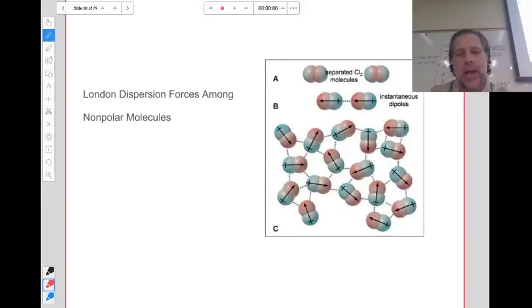So here's an example, again, of what that would look like. Here are separated chlorine molecules, and one of them creates an instantaneous dipole, creating an instantaneous dipole on another chlorine molecule, and the whole mess of them end up being attracted through that single instantaneous dipole.